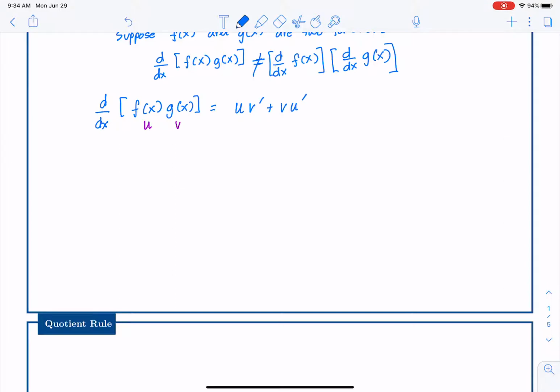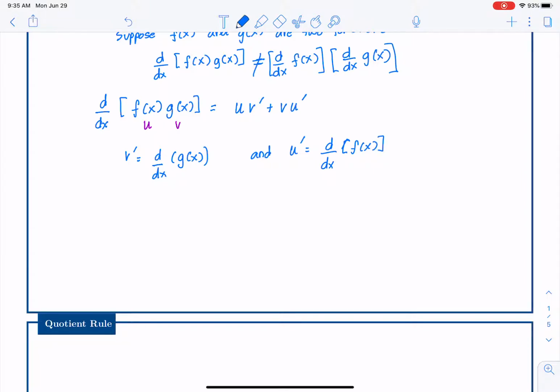So, as always, the derivative of v is d over dx of g of x, the derivative of the dependent variable with respect to the independent variable, and u prime is the derivative of the dependent variable, which is f of x in this case, with respect to the independent variable.